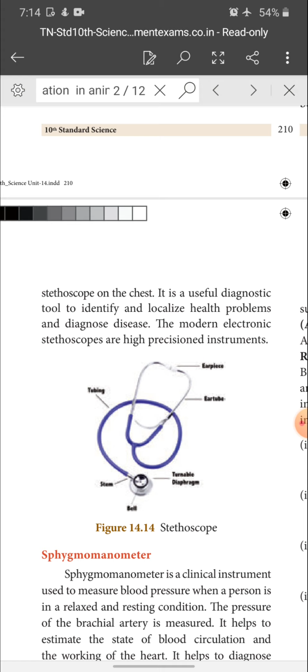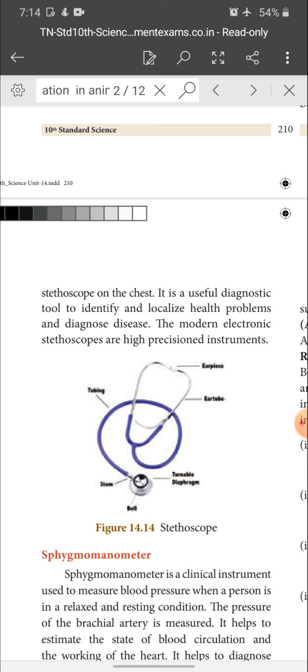It is a useful diagnostic tool to identify and localize health problems and diagnose diseases. Modern electronic stethoscopes are high precision instruments. The diagram is given, please note it.